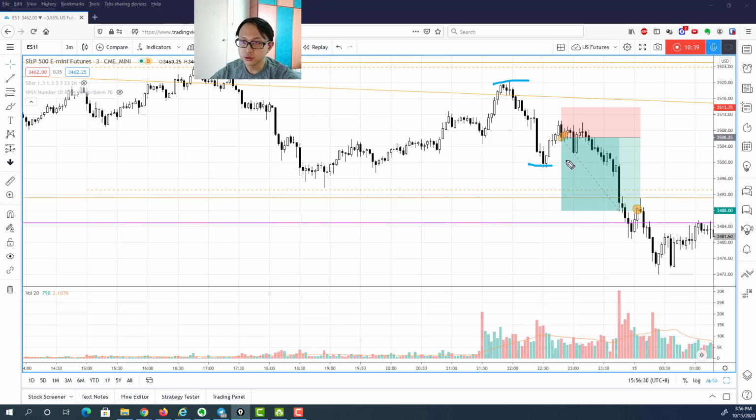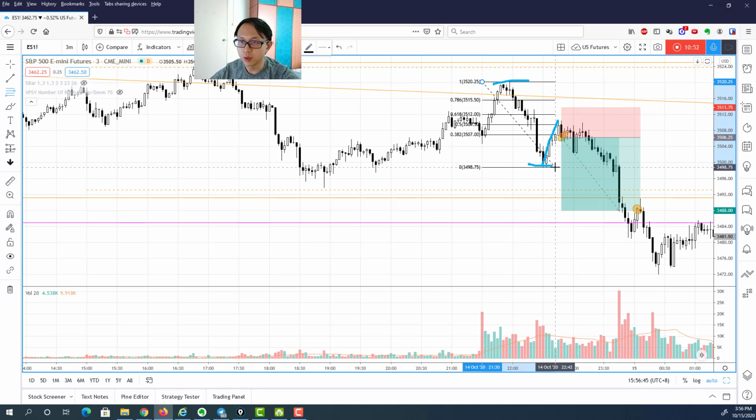If we use the Fibonacci tool, I think the pullback could be less than 50% or at most 50%. Never mind, let's just pull a Fibonacci tool here. If we drag this from 0 to 1, you can see that this is roughly around 50%. That fits my criteria.